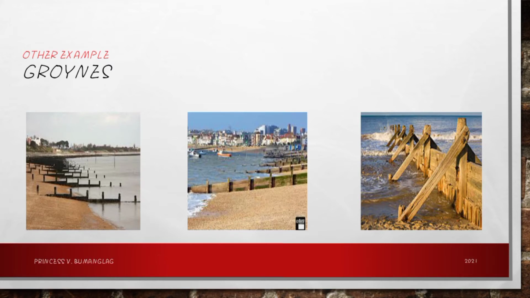And they attract tourists and also allow the beach to build up and then lets the beach act as a natural defense. And yung disadvantage nito, it may create problems elsewhere because they starve other beaches of sediments. Okay, so yan yung pangalawang example.